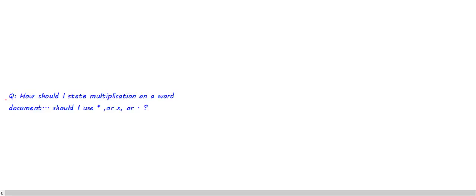Typically, we could use any of those things, but at this level, if you had to write, say, 2 times 3 in a Word file, in the order of my preference, you could use the dot, but remember it's not a period, not a punctuation like .com. This is raised to about the center of the 2 and 3.